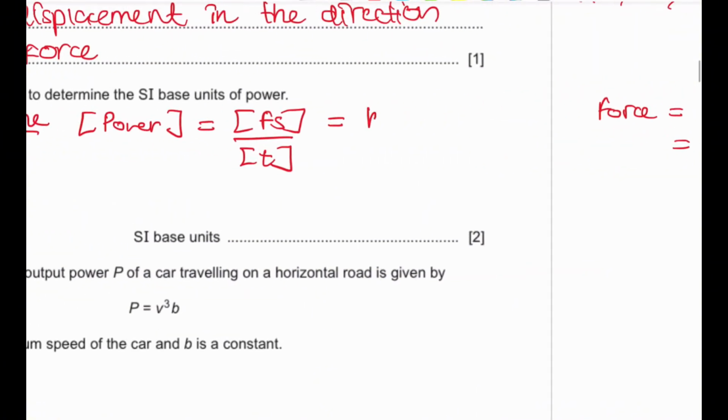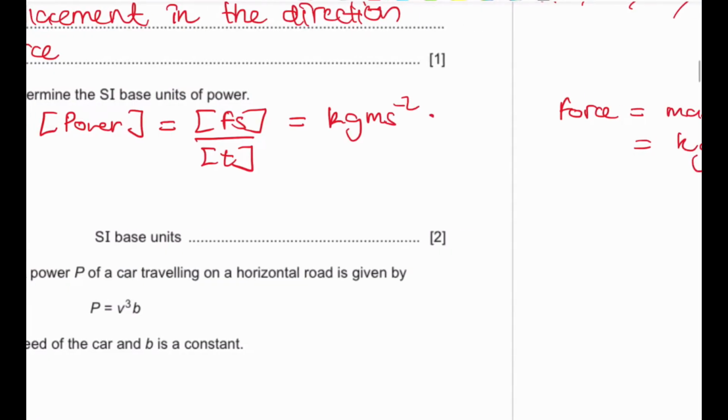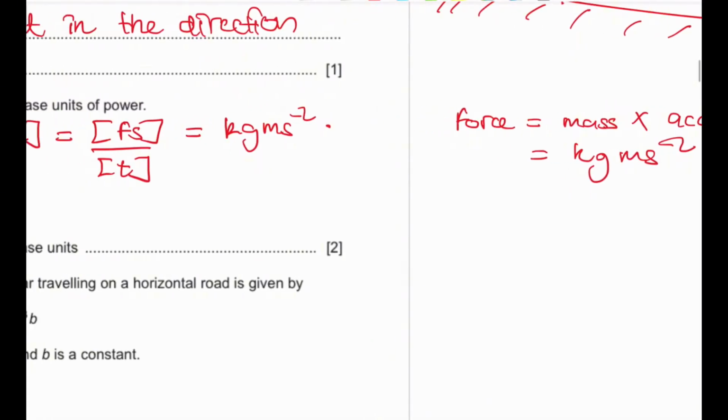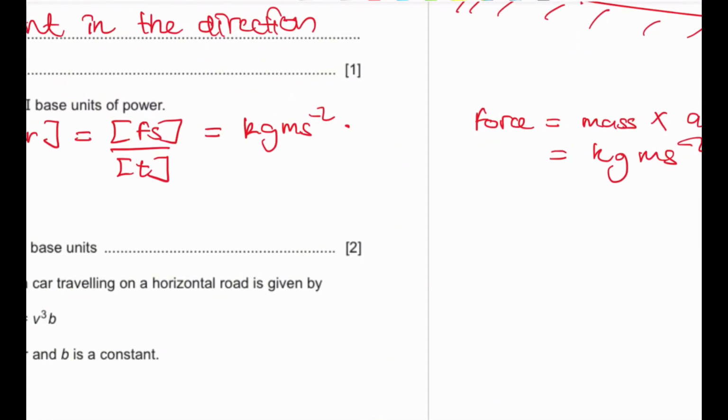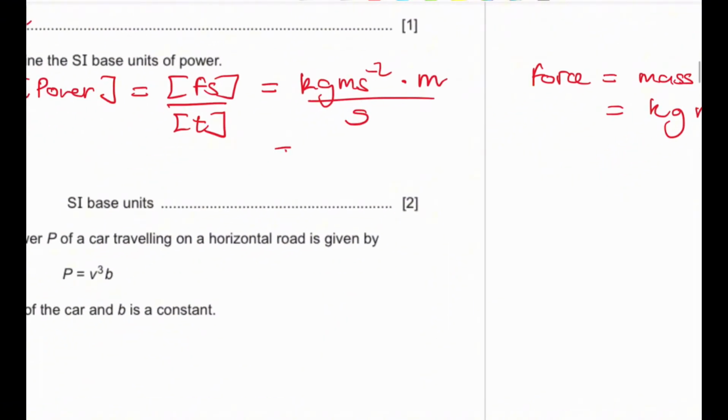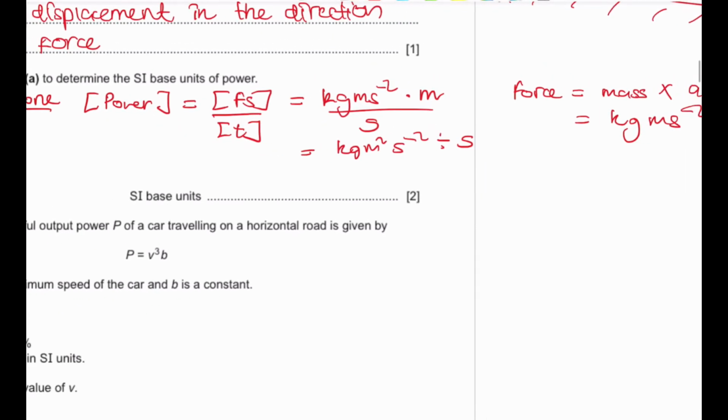So if we were to put that, that's kg m s to the power of -2, multiplied by displacement, which is m. So that gives you kg m squared s to the power of -2 divided by s, which would just be kg m squared s to the power of -3.